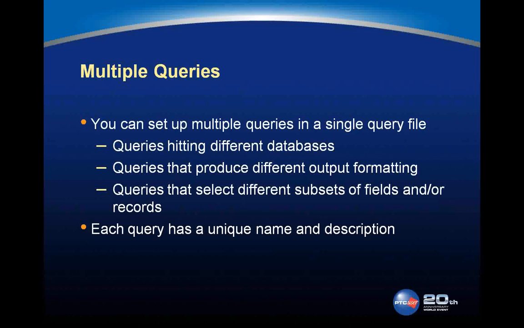You can select different subsets of fields or records. So you may have one query that gets just the basic data, just a few columns out of the table, and then another more detailed query that selects all the data, all the columns that are in the database.